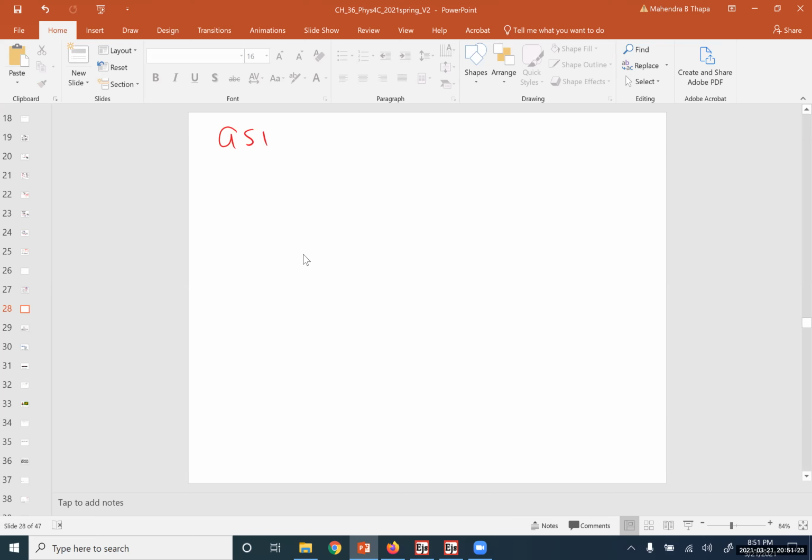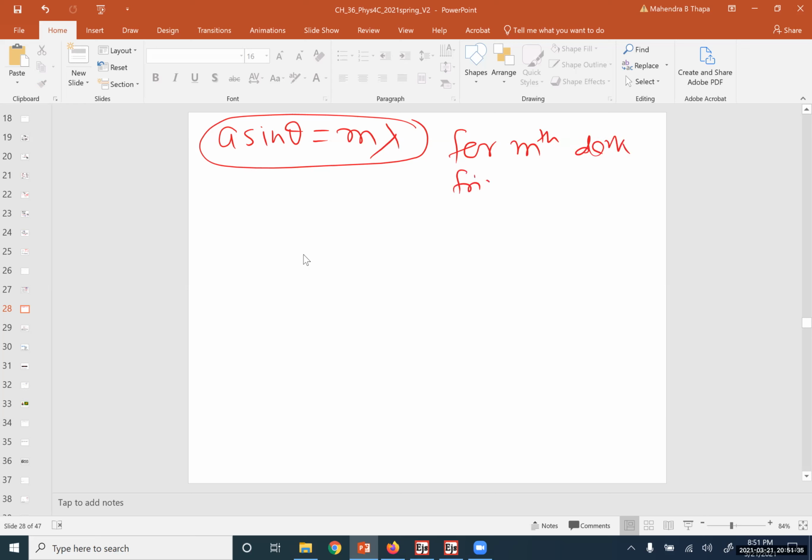A sin theta equals m lambda is for the m-th dark fringe in diffraction through each slit.